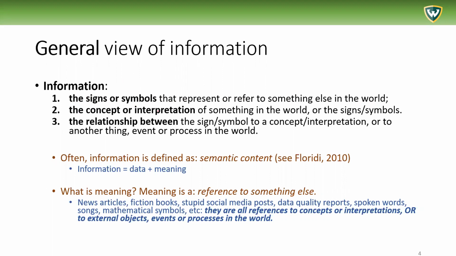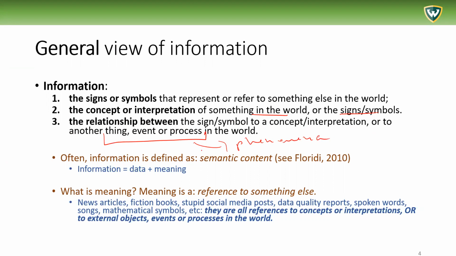Another as the concept or interpretation of something in the world, or the signs or symbols of something in the world, right? Which are sort of two different things here. And then also the relationship between the sign or symbol to the concept or interpretation, or to the other something in the world. And when I refer to something in the world, I usually also use these three things here: thing, event, or process, because I think that encompasses everything. And of course, I will also refer to this as just phenomena, just something that exists.